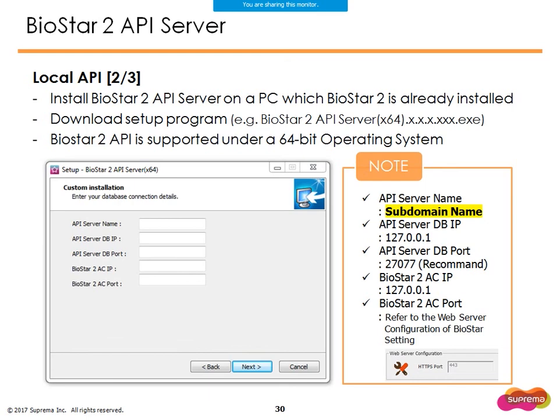Many of you make a mistake of forgetting the API server name. Please note that you should remember the API server name because it will be used on behalf of subdomain name in Cloud API. However, this process will be changed a bit in the next version. Please check the remaining elements later.